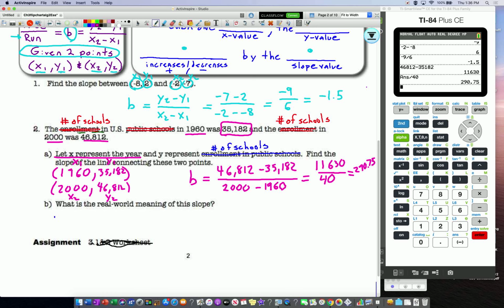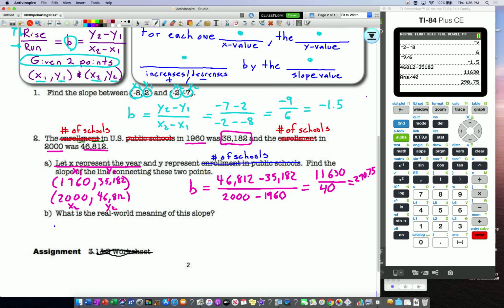When I get to B, it says let's interpret the real world meaning of the slope. So I'm going back to this sentence. I'm going to start by saying for each additional one year, and because the x value represents years, what does the y value represent?